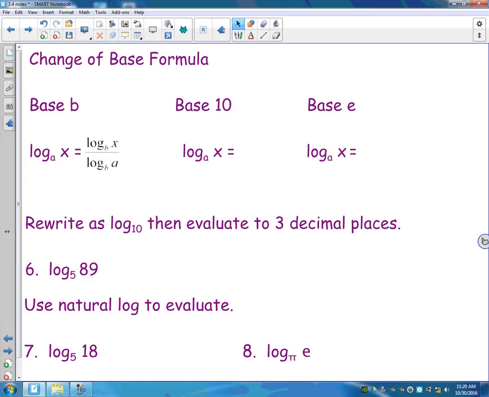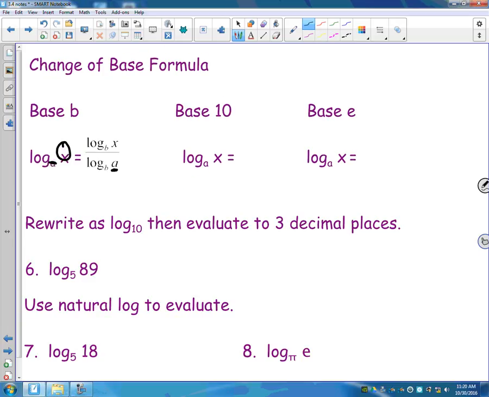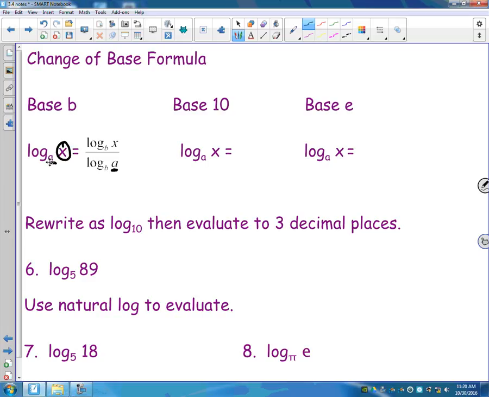So basically, you take any logarithm of base a and rewrite it with the base you want to change to on the bottom, and the log of that base of x on the top. This first one is kind of silly because why would you change it to any base? It makes sense to change it to base 10, which is common log, or base e, which is ln.